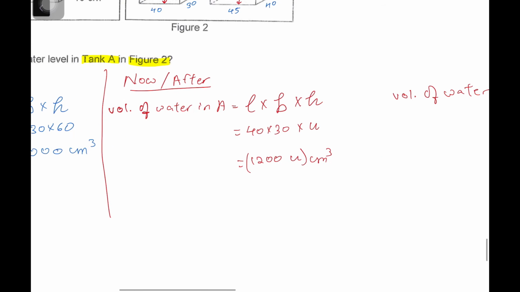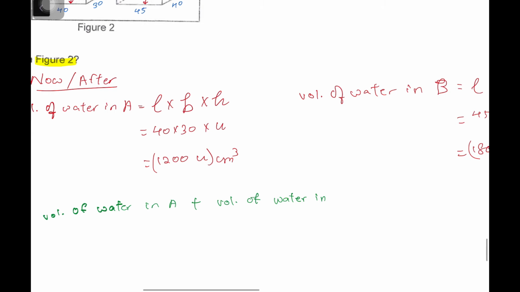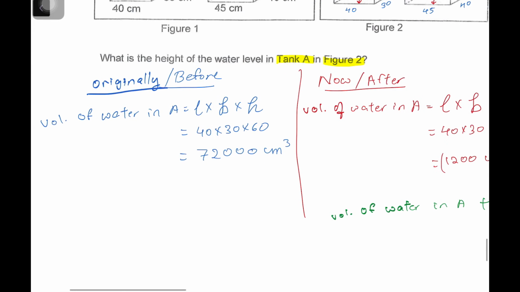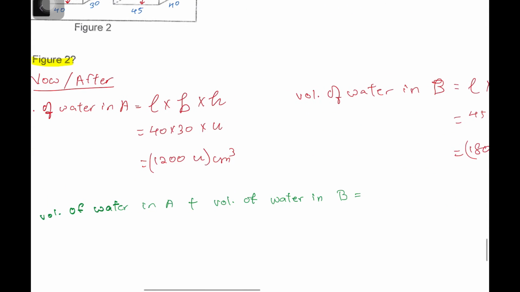After, the volume of water in A plus the volume of water in tank B is equal to the total volume of water in A originally, which is 72,000 cubic centimeters.